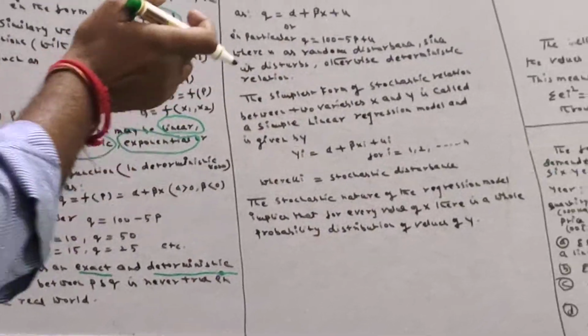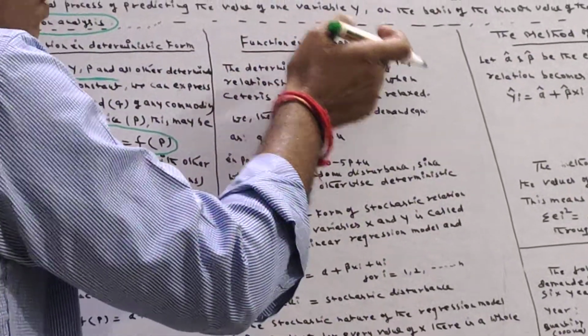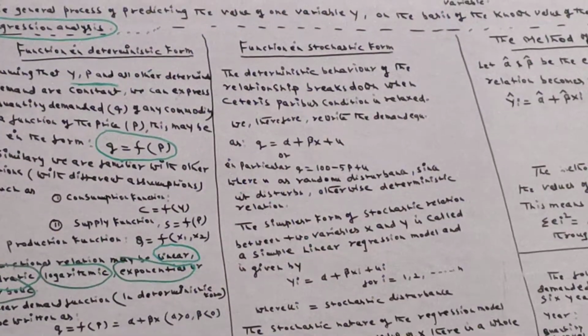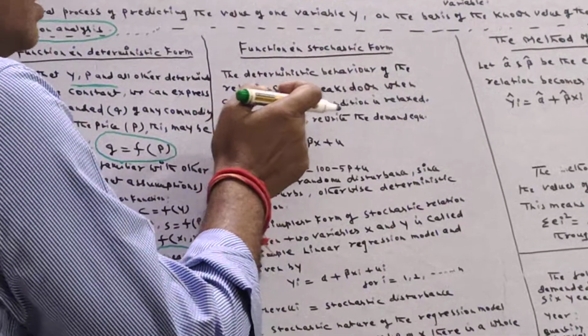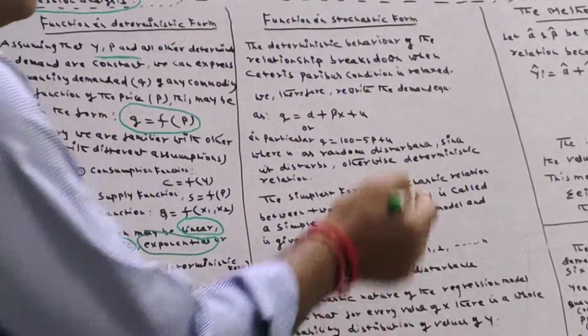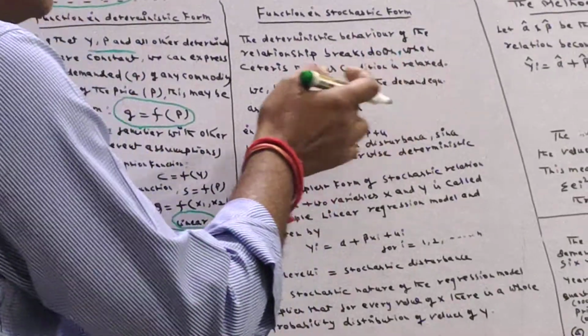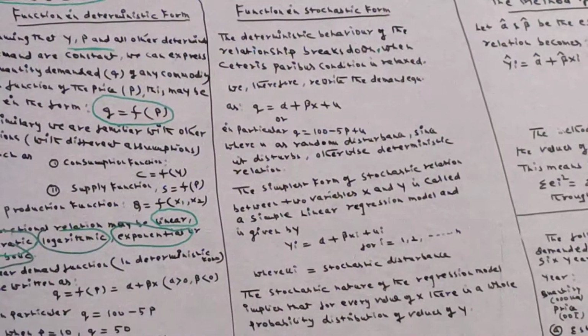Now come to the function in stochastic form. The deterministic behavior of the relationship breaks down when the ceteris paribus condition is relaxed.